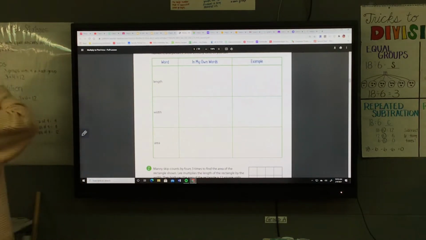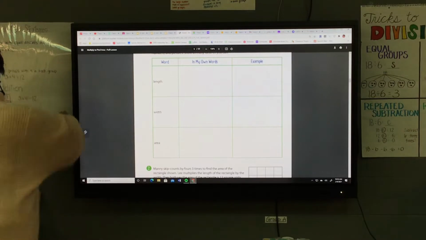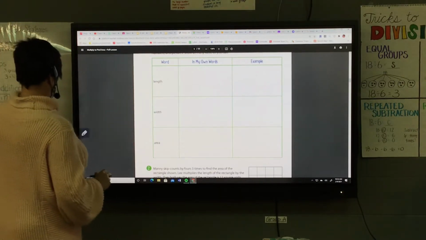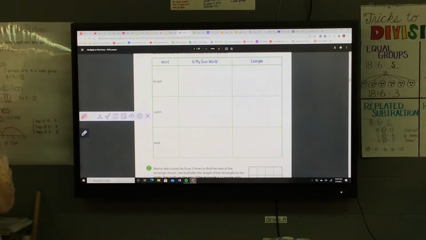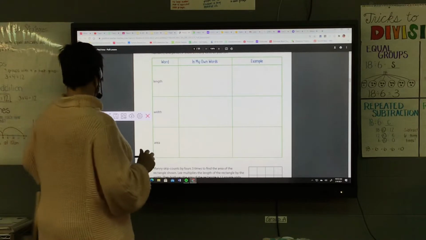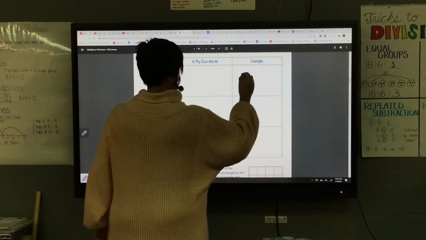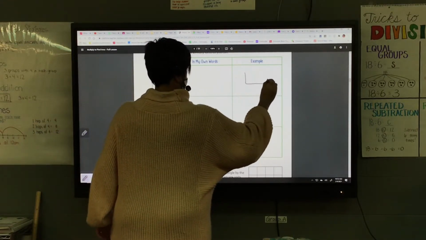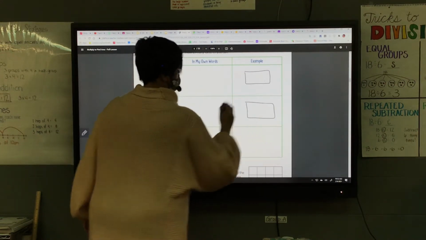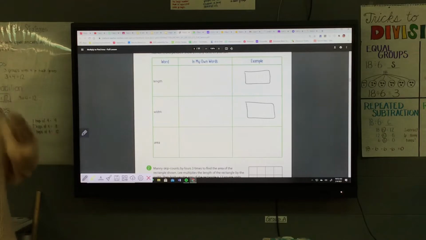So if I were to draw a rectangle in both of these, I'm going to do it for both of them. You can too.